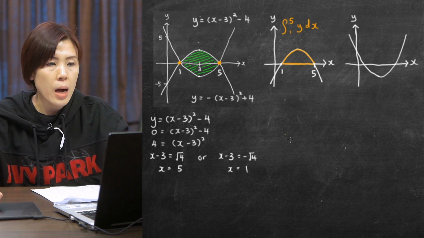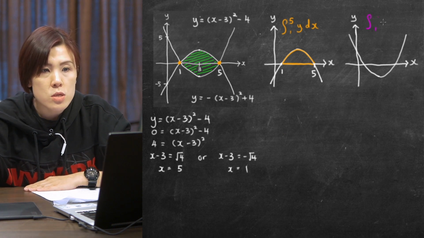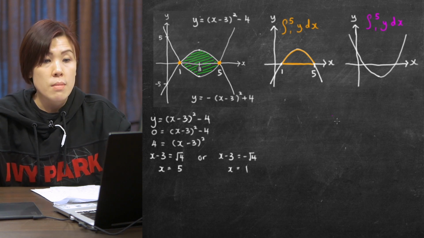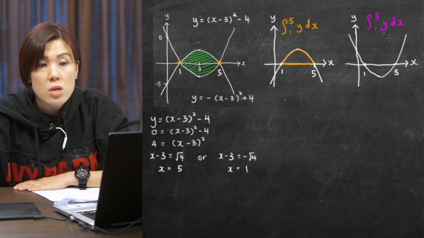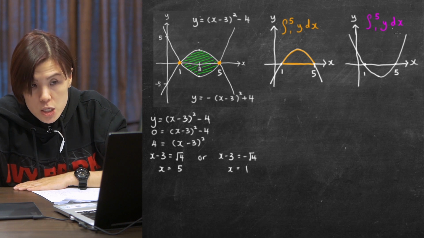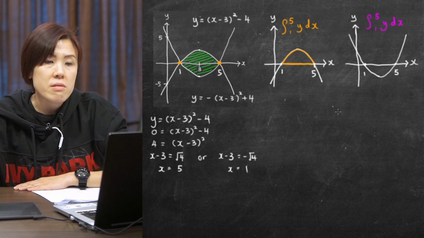Okay, how about the other graph? When you do integrations of 1 to 5 again, y dx. Okay, I think I need to mark 1 and 5 here, the intersection point. So if we are using these equations to do integrations 1 to 5, I think most of the students always like to use area under the curve.